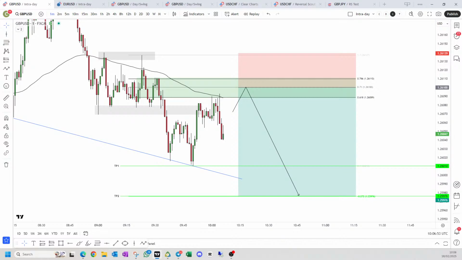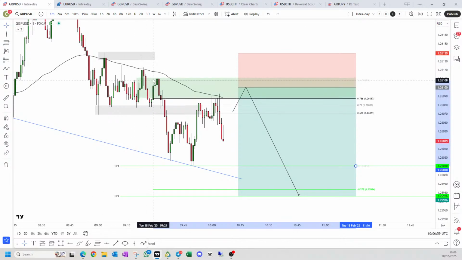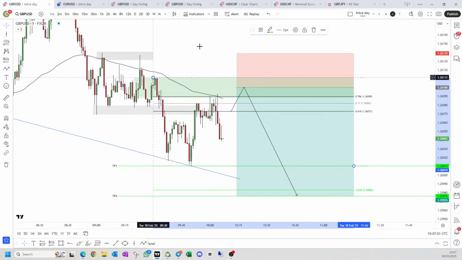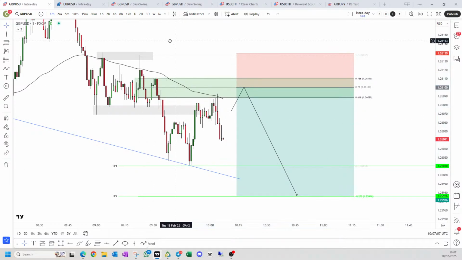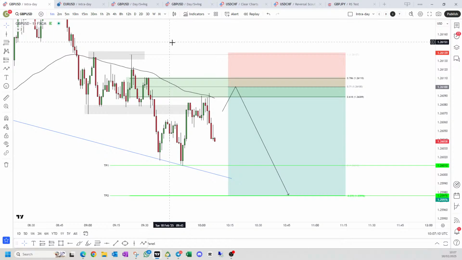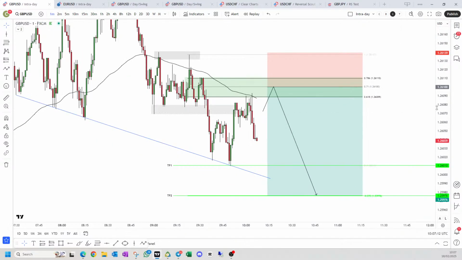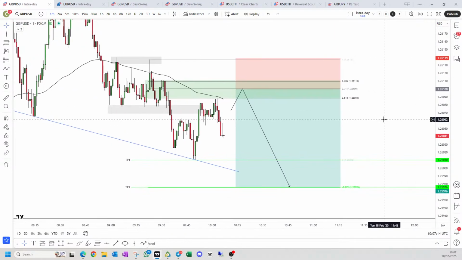So we had a few wicks off that 61.8 and the EMA. That could have been a setup off the 78.6 if you wanted to be risky, but because it's straight after news, I did want to take it from this high instead. Let's see if that tags us in or not.